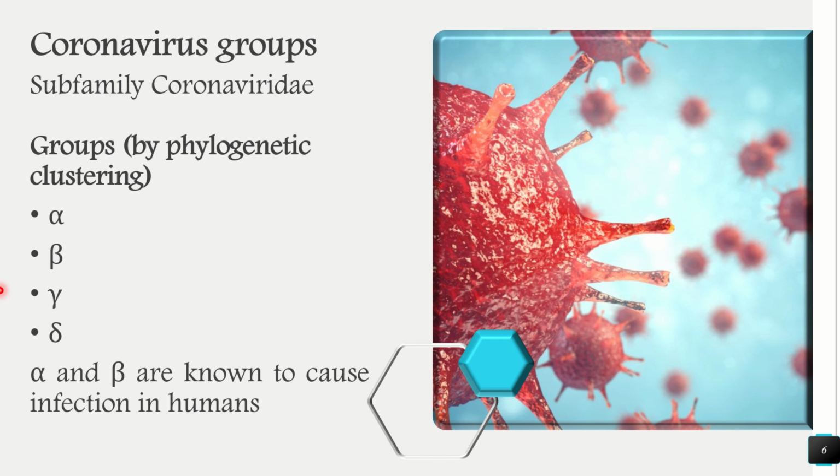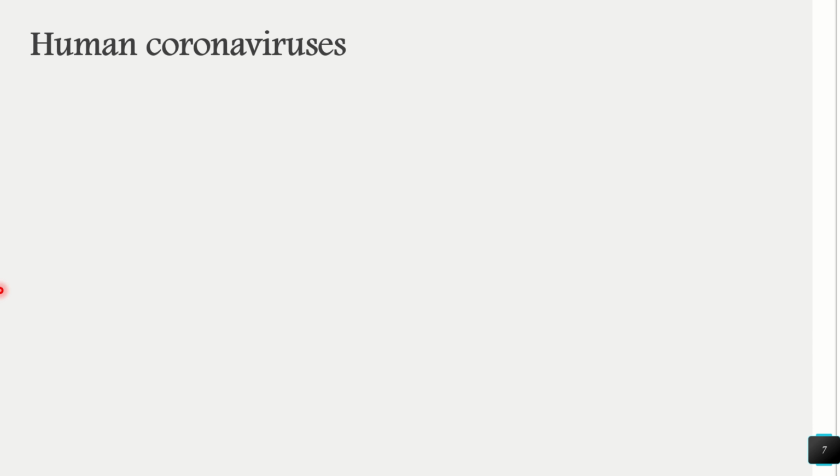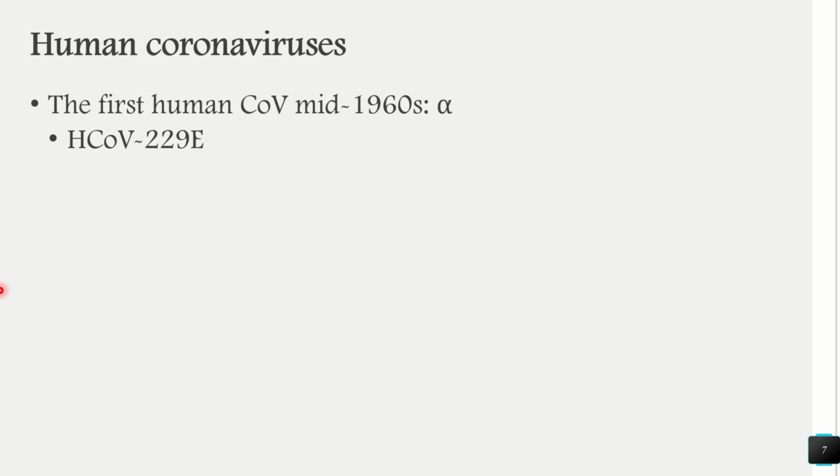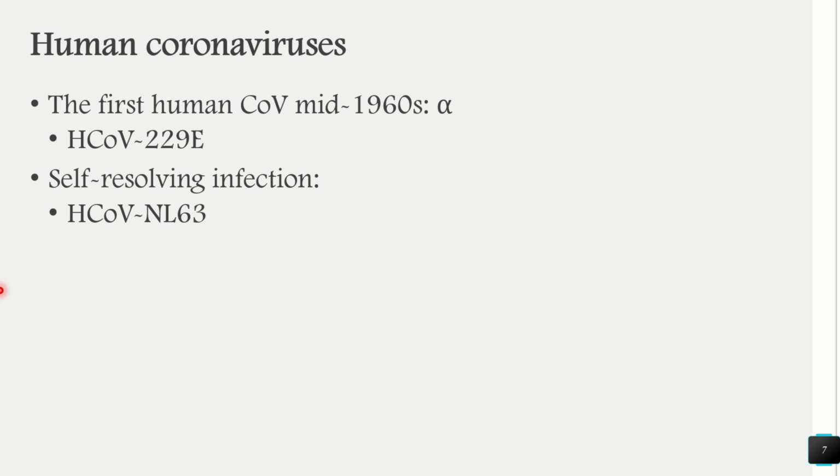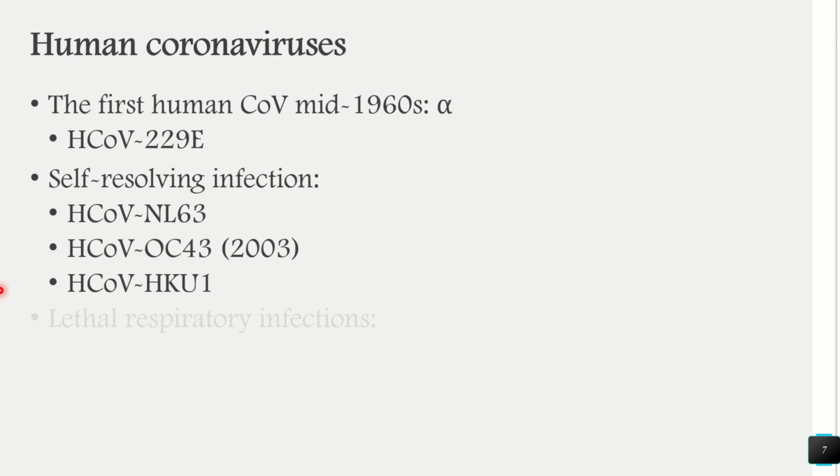The first human coronavirus was identified in the 1960s. Until 2003, only 2 human coronavirus species, human coronavirus 229E and human coronavirus OC43, were recognized. Currently, 7 different coronavirus strains are known to infect humans, including 229E, NL63, OC43, and HKU1, which generally cause self-resolving infection.